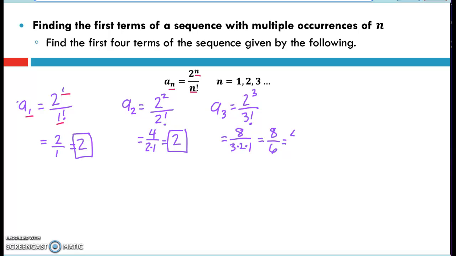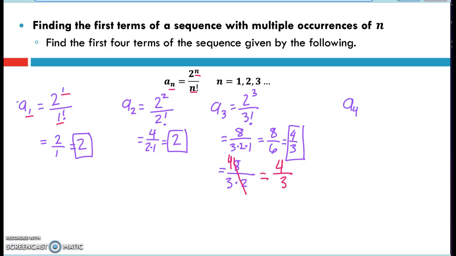Divide each by 2, we get 4/3. Now from here I could also say, well, 8 over 3 times 2 times 1, that's not going to make much difference though. If I take 8 and divide it by 2, I get 4 in the numerator over 3 in the denominator. So either way will work. But that is my third term.